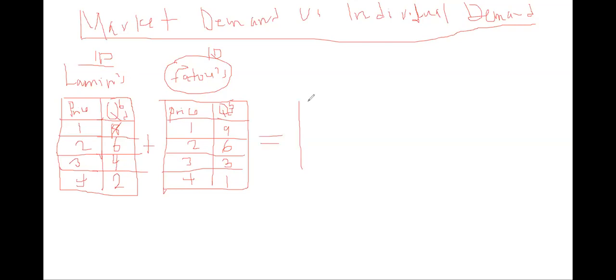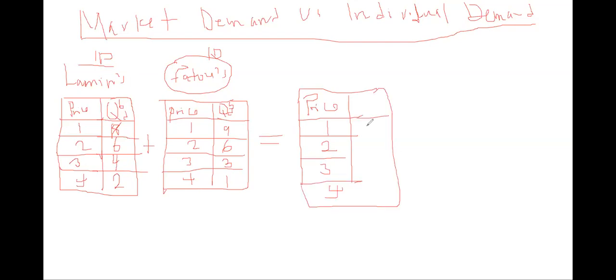Then we have price 1, at 2, at 3, and then at 4. So the prices that we will have, quantity demanded of books. So this is for the market demand.